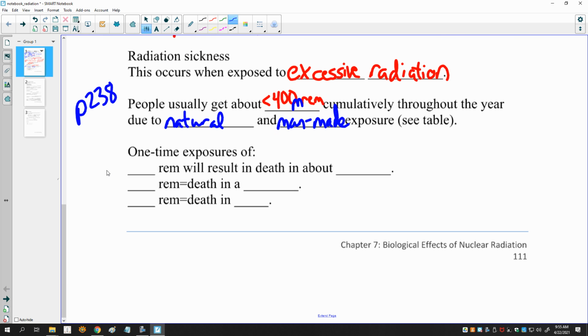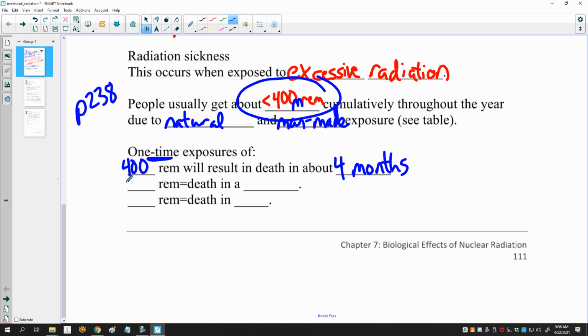Now, this is a cumulative exposure over an entire year, but if you have a one-time exposure of, for example, 400 rem, not millirem but rem, so 1,000 times that, all at once, you're going to die in about 4 months.